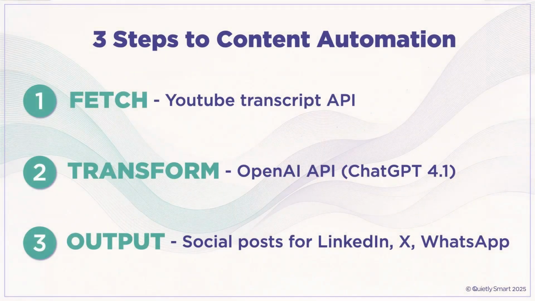The first one was a YouTube transcript API for pulling out the captions. The second one was the OpenAI API, which is basically just getting ChatGPT to work in the background of your app and that rewrites everything in my voice. And then the final step was the output, which was the 3 messages and the image.